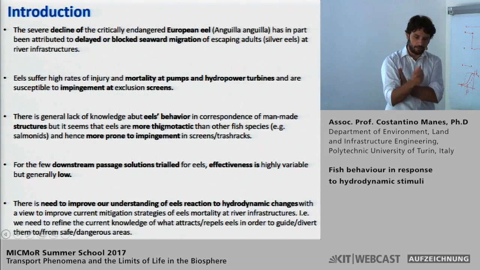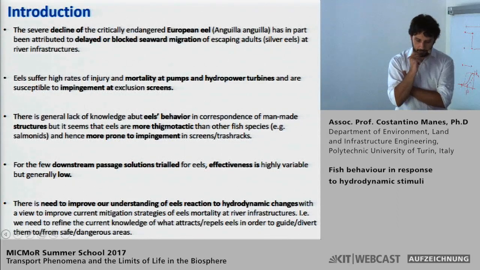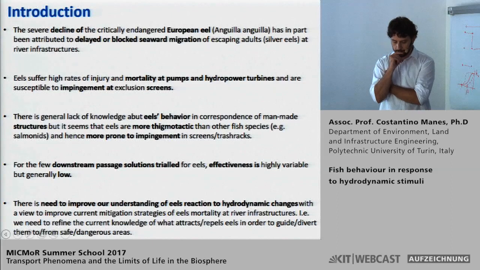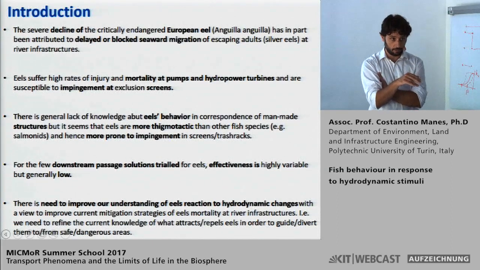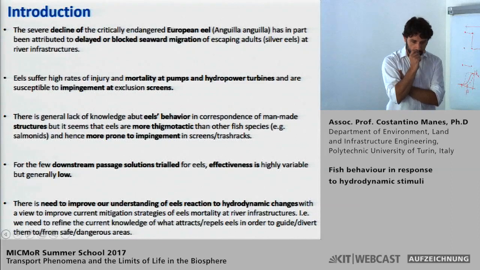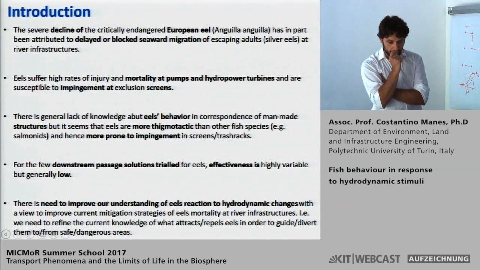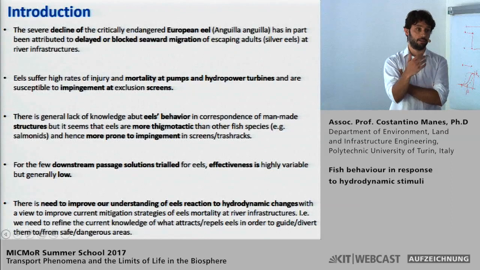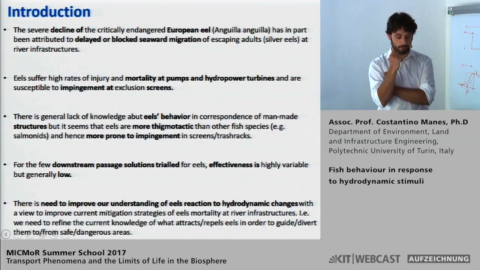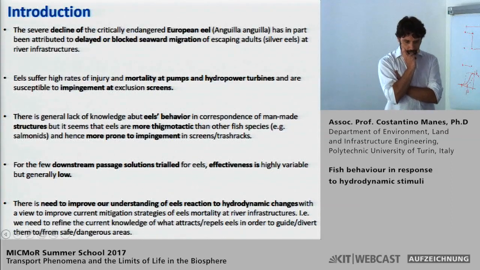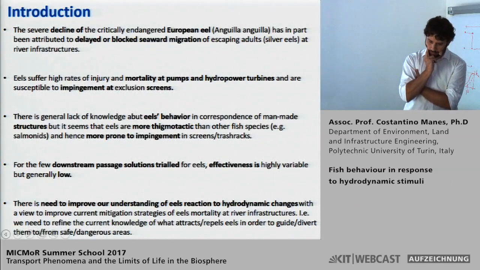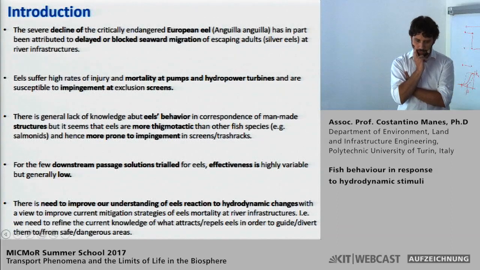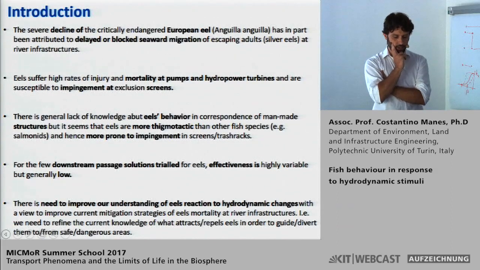As I said, there is the severe decline of the European eel because while migrating, both upstream when they are glass eels or downstream when they are silver eels, the migration is delayed or blocked by river infrastructures I was showing, like dams, weirs, and so forth. Eels suffer really high rates of mortality because they are susceptible to impingement at exclusion screens.